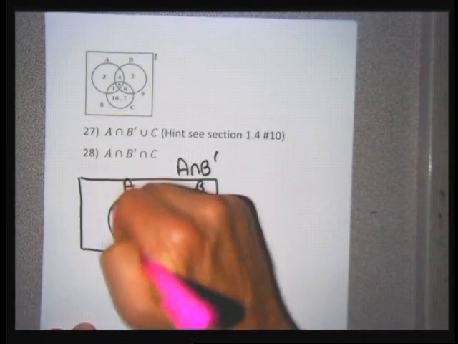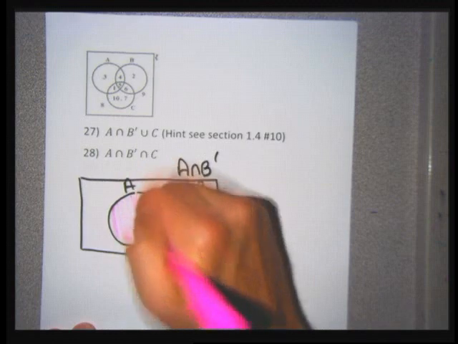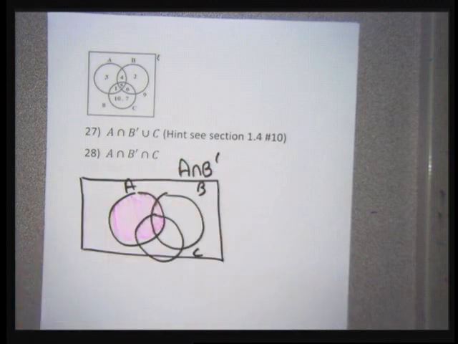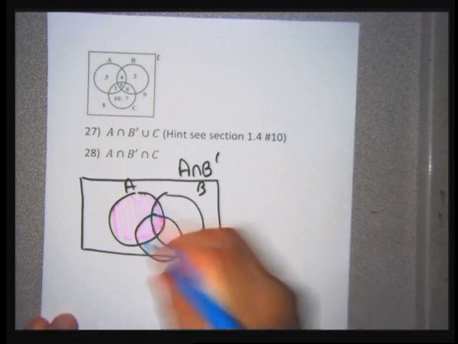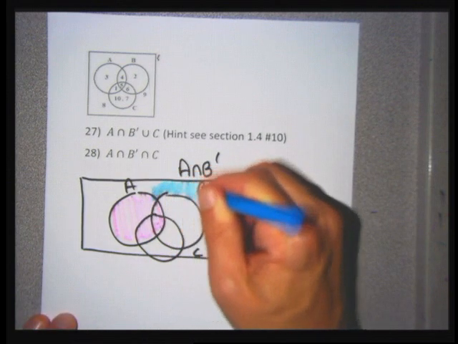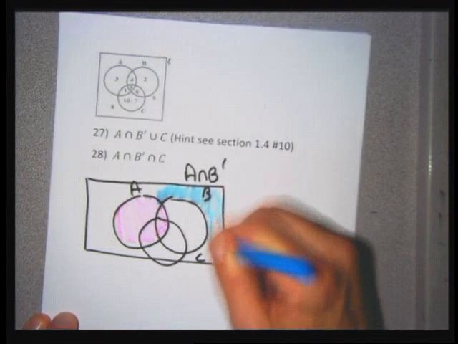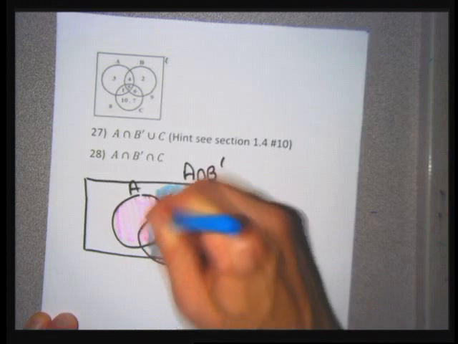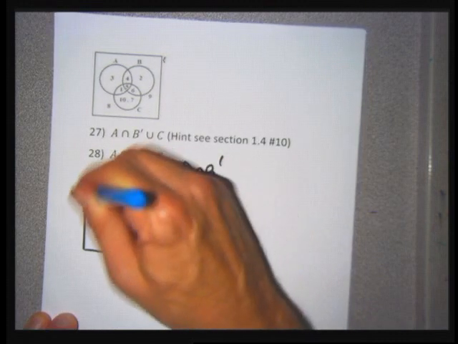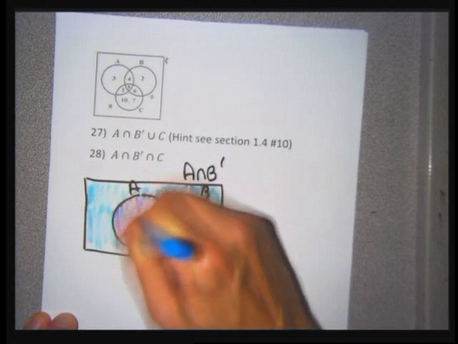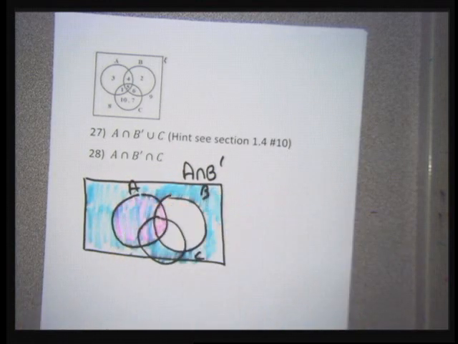First I'm going to shade the A circle in one color. Then I'm going to shade the B prime in another color, which means not the B circle. It's not a circle, it's everything outside the B circle. So that's the beginnings of my A intersection B prime.